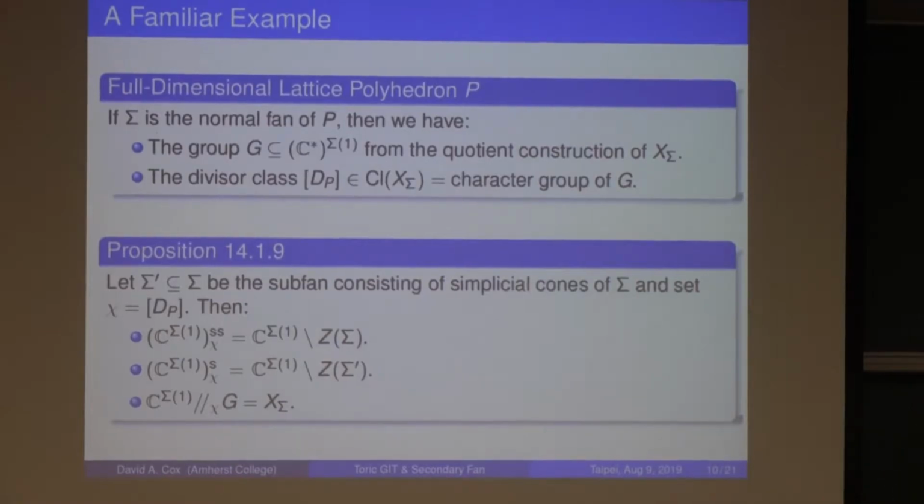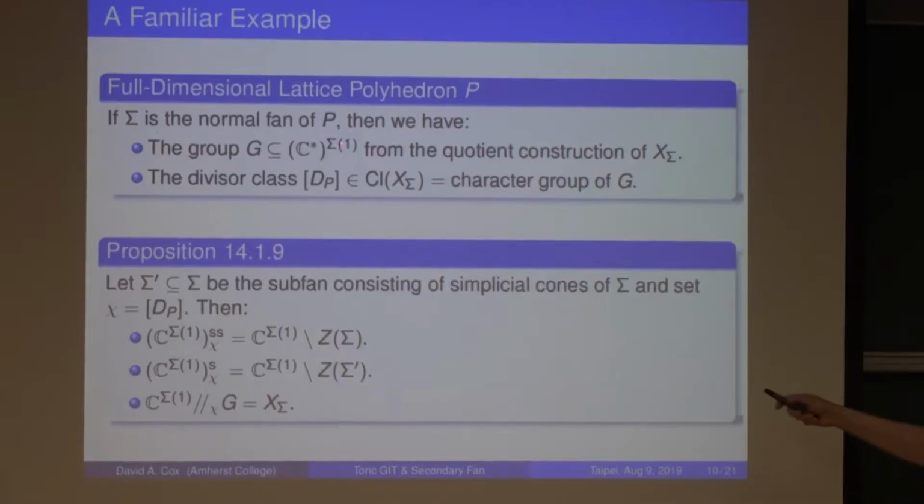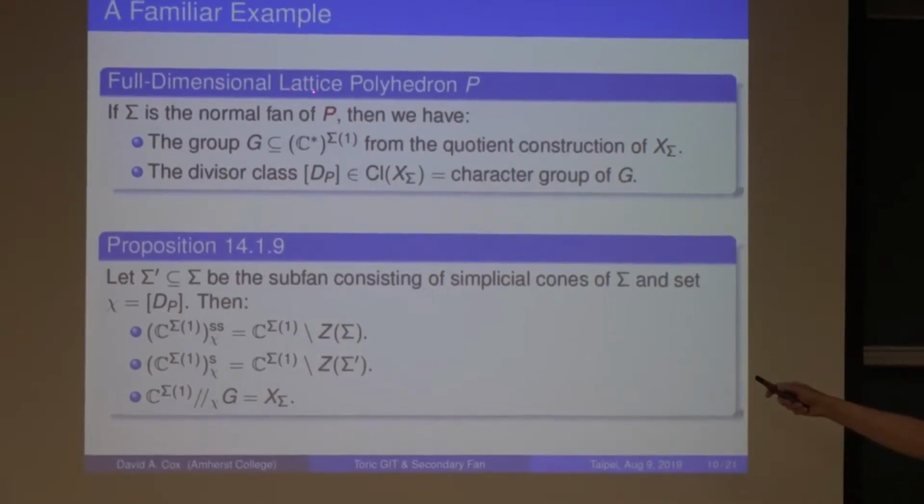And so the familiar example is, take a polytope, and then I take the normal fan, and so we have the group in the quotient construction. But remember, this group G is basically designed so that its character group is the class group. And what does the polytope give us? It gives us this nice ample divisor, and its divisor class is in the class group. Well, that means that's a character.